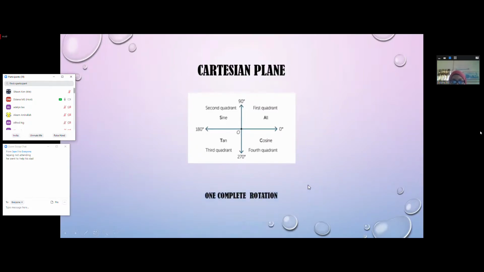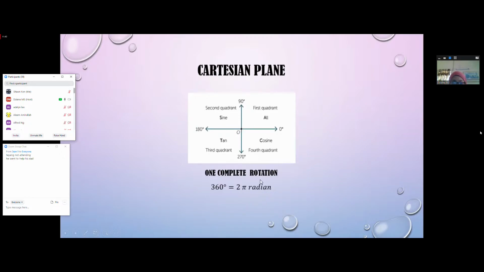Okay. So one complete rotation starts from the x-axis. If you have one complete rotation, you know it's 360 degree, right? But it can also be measured in terms of pi radian. So 360 degree is equivalent to 2 pi rad. Still remember circular measure, you also learned the pi rad, right?